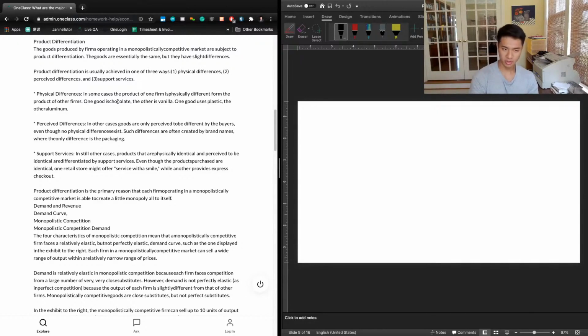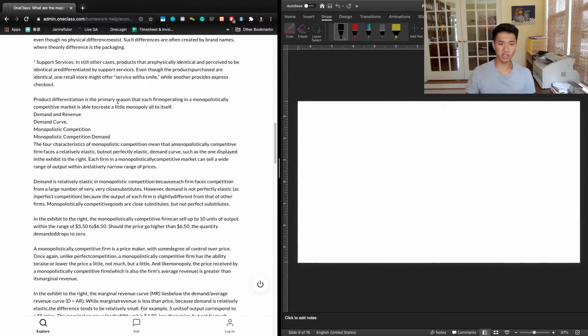Number 3, support services. In still other cases, products that are physically identical are differentiated by support services. Even though the products purchased are identical, one retailer might offer service with a smile, while another provides express checkout. Product differentiation is the primary reason that each firm operating in a monopolistically competitive market is able to create a little monopoly all to itself.